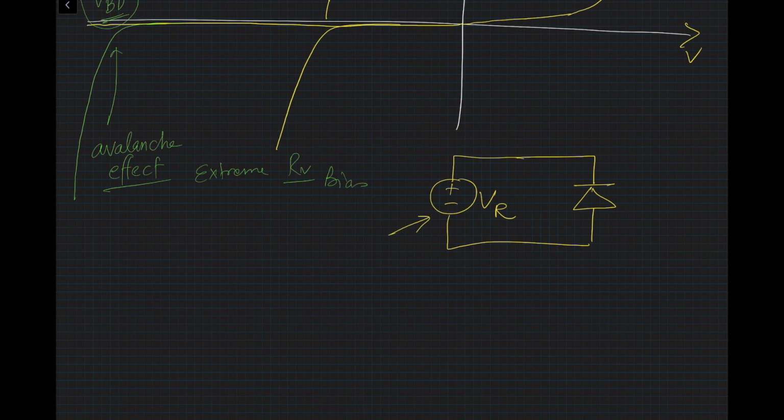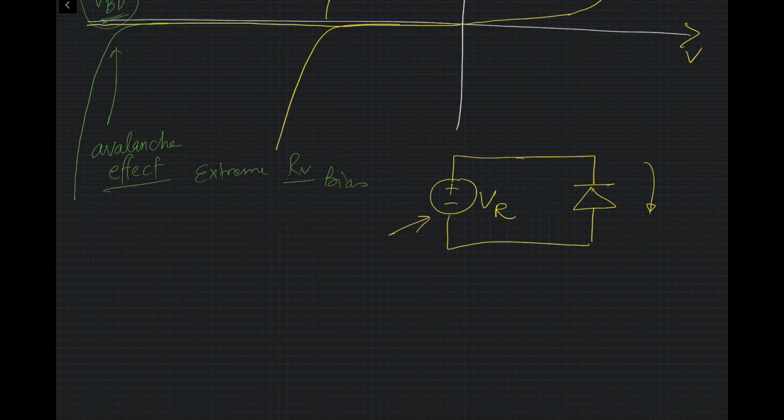As soon as I take this reverse bias potential beyond certain value, there will be huge amount of current flowing in this diode in this direction. Now that huge amount of uncontrollable current can burn the device out, because it's going to flow through really small area and it will burn the device out. And then the device is of no use.